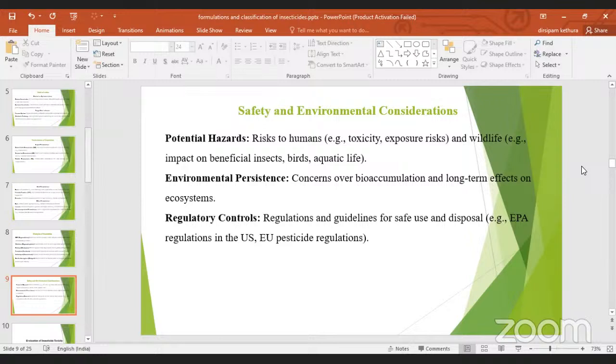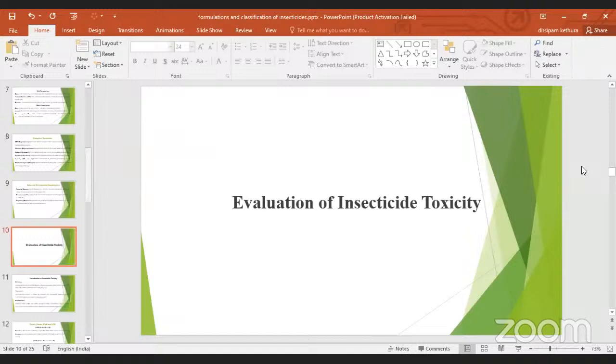So whatever we use to control the pests should be used in a limited manner, not to harm the atmosphere, not to harm the human beings, not to harm even the insects also. We have to protect the ecosystem also. So make sure that we are using a limited amount of the insecticides. Maximum, we try to use the biological insecticides, not the chemical insecticides, to protect the crop or to protect against any pests.